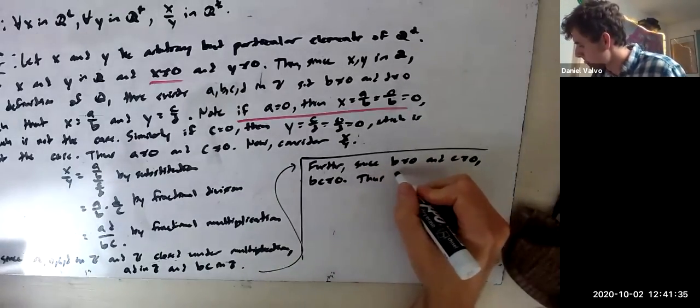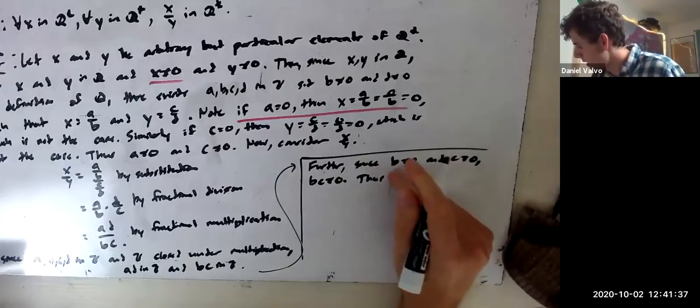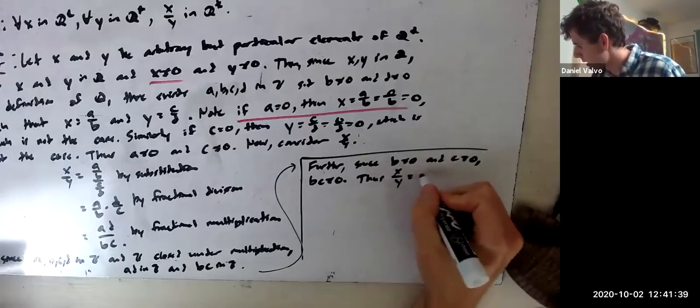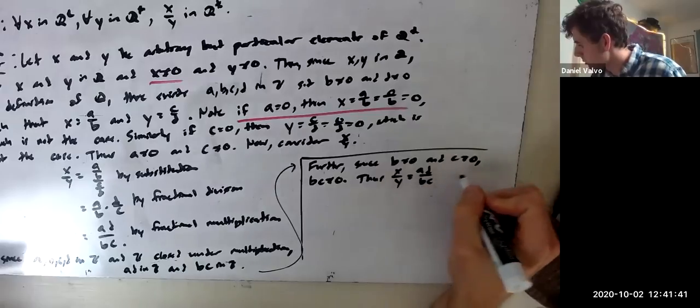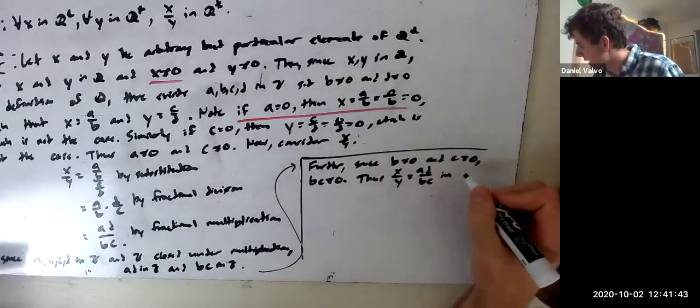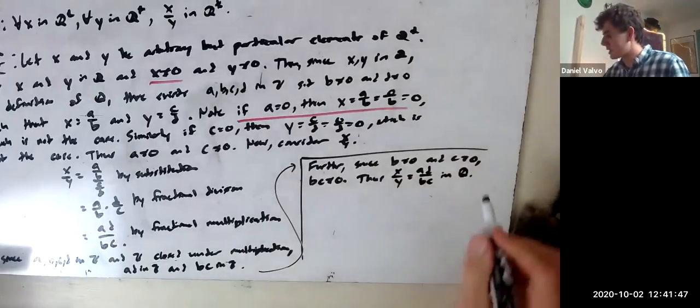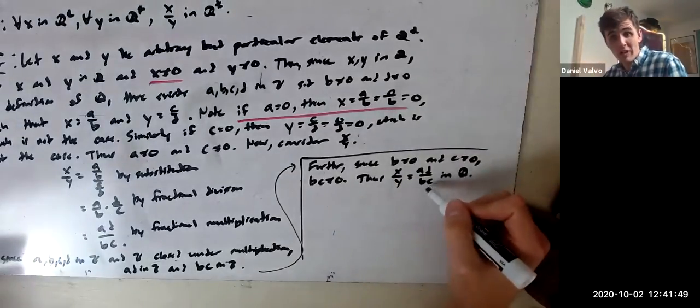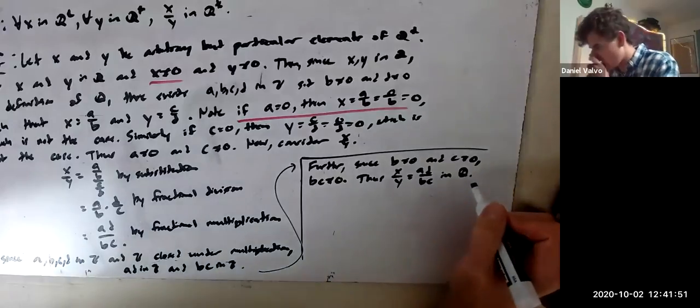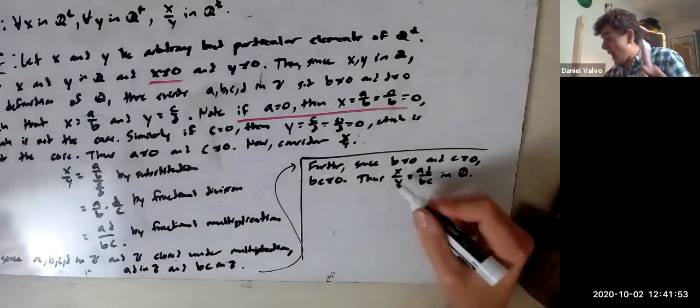Thus, x over y, which equals AD over BC, is in Q, right? Because it's a ratio of integers, AD and BC, and the bottom's not 0. So now we know that x over y is in Q.